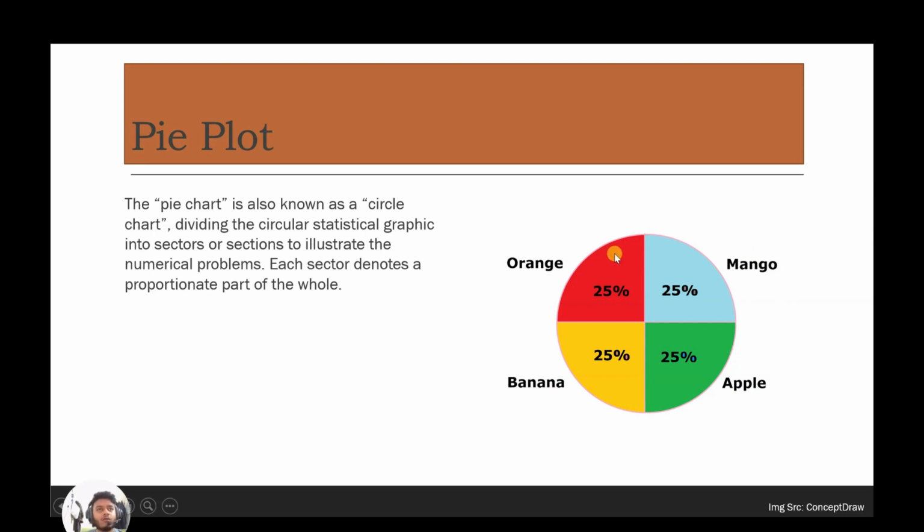Say you have four sectors and you assigned an equal number of products to each sector: 100 products each for orange, mango, apple and banana, so 25% to each of them.